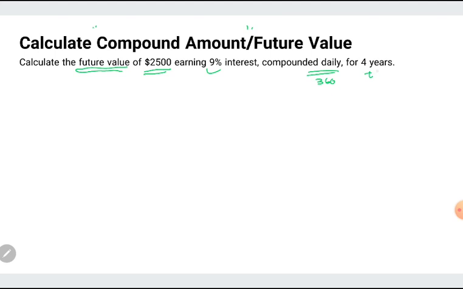This is my T. This is my R. The formula is A equals P times 1 plus I raised to the N. I is R over N. This is my N. 0.09 divided by 360. If I do that, I would be getting 0.00025.